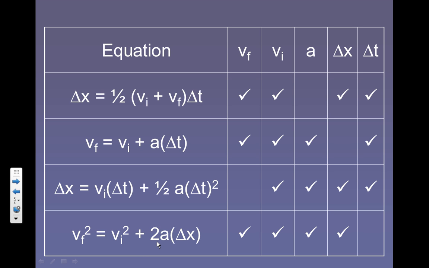So this chart is going to be a good reference page for you, especially when we're starting off, when we're looking at analyzing a problem, determining what the problem is asking us for, what's in there to work with, and then how we are going to get to the information that we need. Like I said, this chart would be a good reference as we're doing these problems to know the equations so you can go back and check them out. They're all on the sheet that I gave you yesterday, but here they're nice and all together.